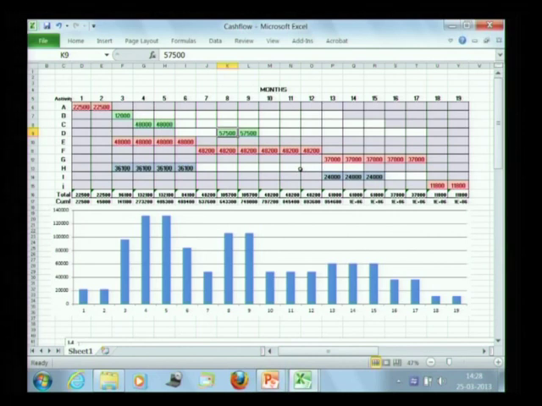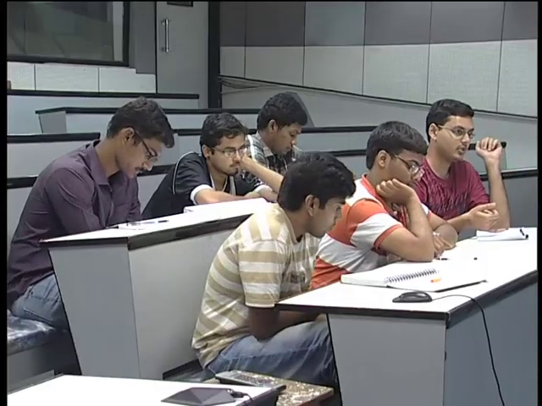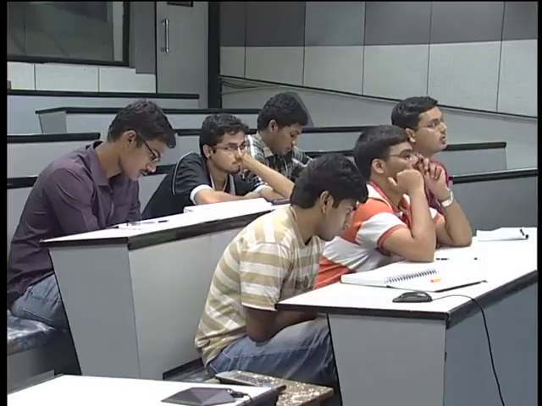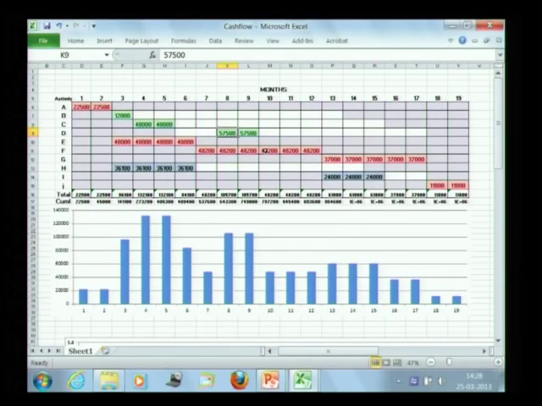Now, even though H and I are linked, how did H get free float on its own? Because I is linked to F. Yes. F is a critical activity, and that precedes I. So I's early start is controlled by F. That is how H got free float.